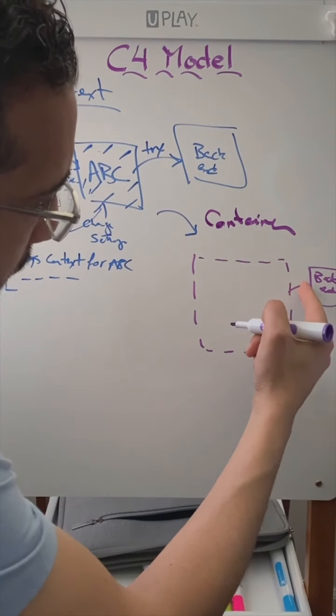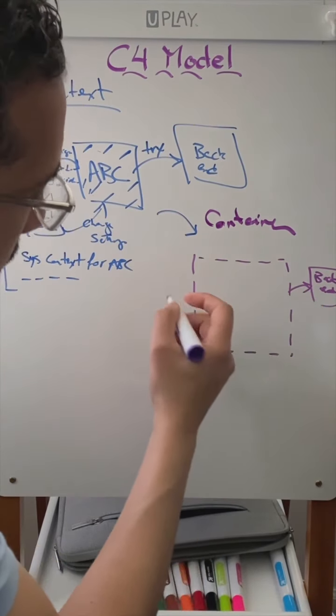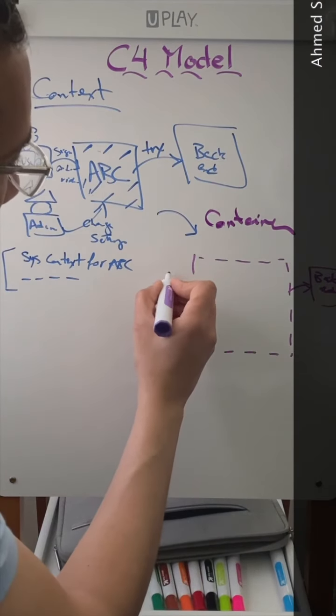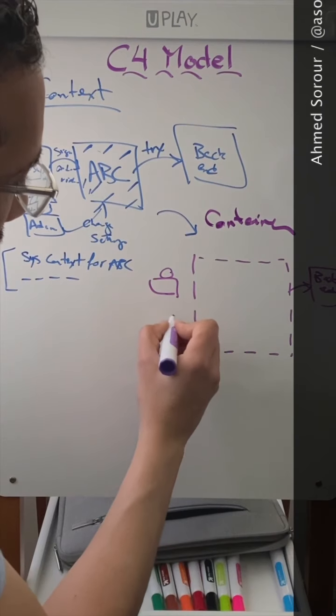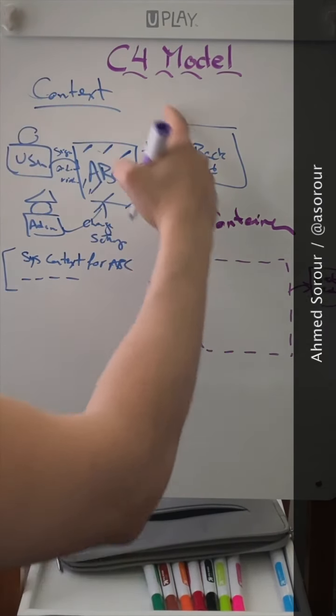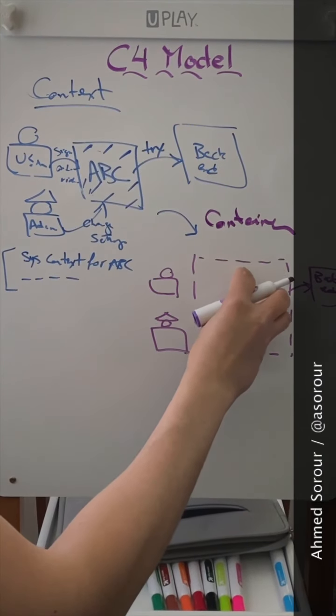We need to find out where this is going down. So a container will have parts here, and this relation would be coming from one of them. And here you'd have the user, and here you have the admin. The same context outside will stay here. Now we're breaking into this and working inside the system.